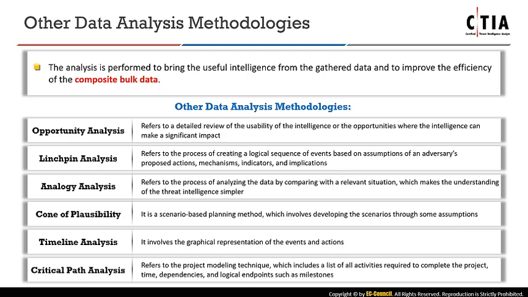If you've ever taken or worked with project management software, or if you're a project manager, you're pretty familiar with critical path analysis. And what happens is in the project, based upon time, dependencies, endpoints, and milestones, you have a critical path. And anytime you adjust any of the elements in the critical path, it changes the outcome of the project. And this can also be used as part of your data analysis.